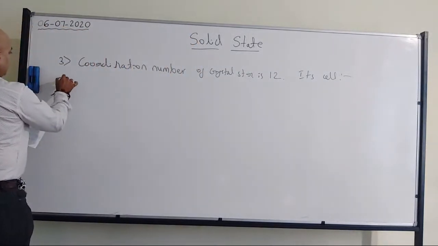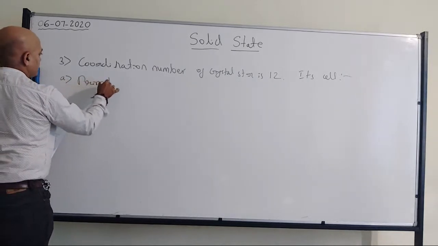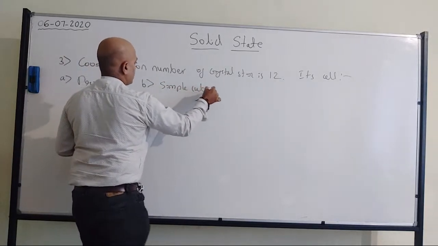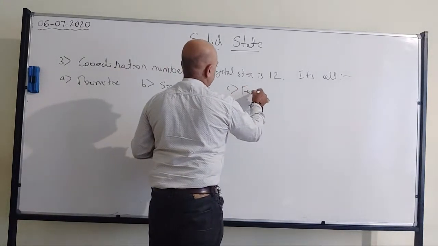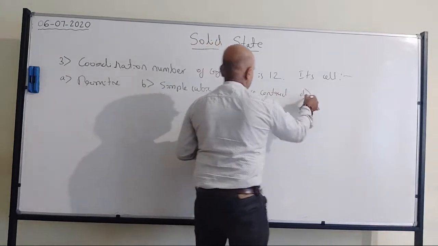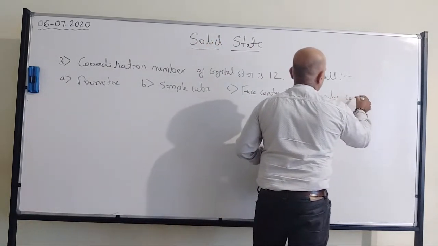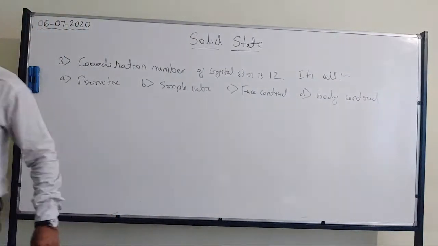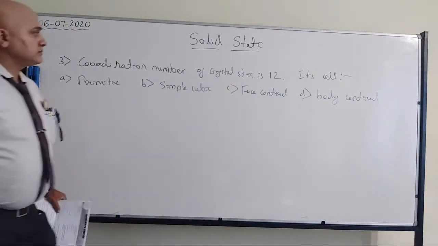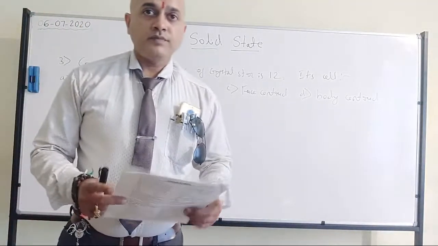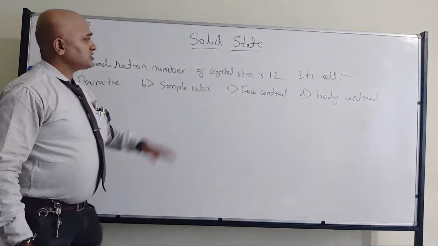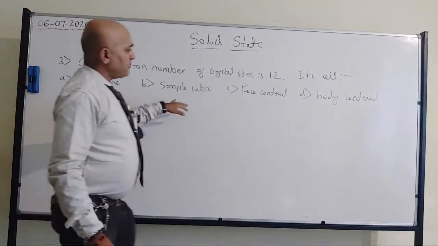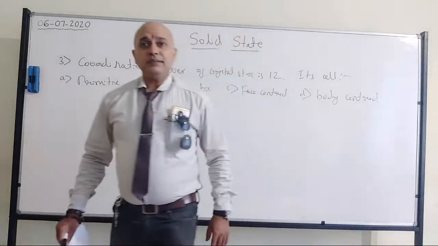It should be crystal structure, not unit cell. Options: A, primitive; B, simple cubic; C, face centered; and D, body centered. Face centered or body centered? So the question is, the coordination number in a crystal structure is 12; its unit cell will be primitive type or simple cubic type, face centered type or body centered type.